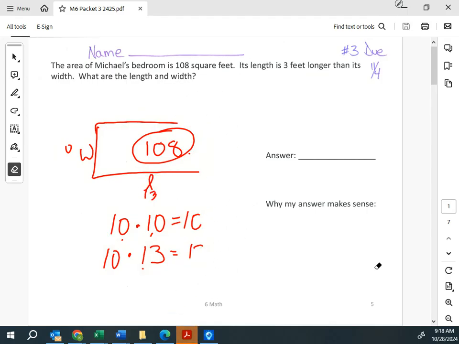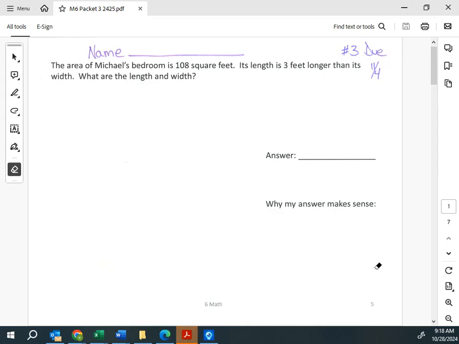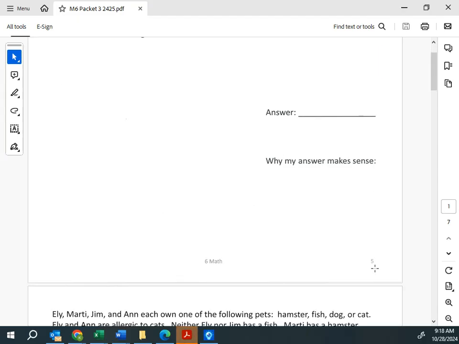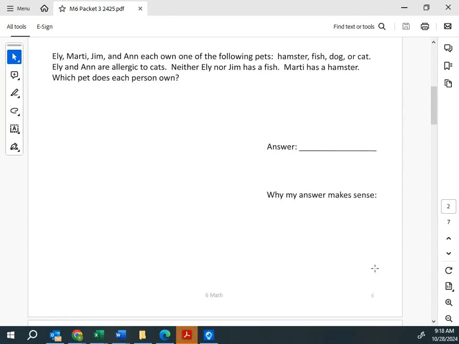All right, our next page is another word problem. Oh, goodness. Another word problem. So we have a logic problem for this one. So I need to set this up. Eli, Marty, Jim, and Ann each own one of the following pets.